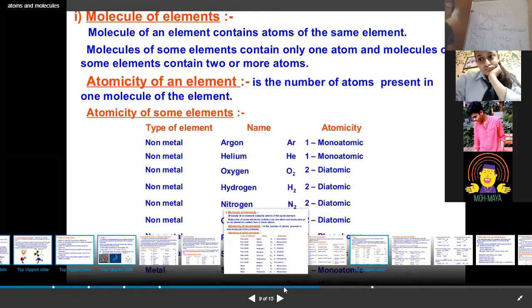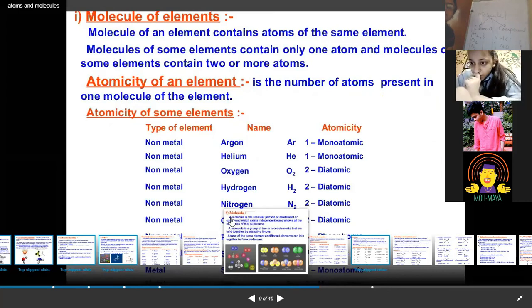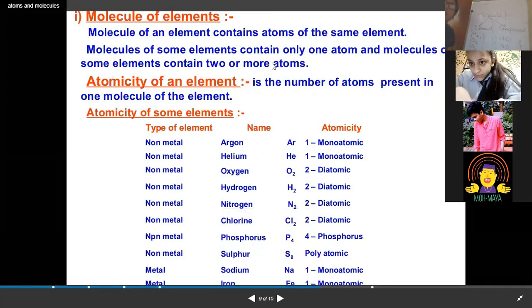So we have molecule of an element and molecule of a compound. In the molecule of an element, if the atom is capable of independent existence, it is called a monoatomic molecule.